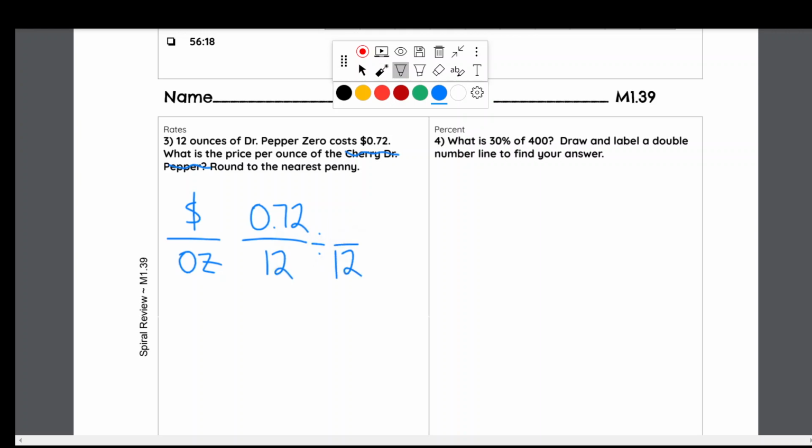Divide by 12, divide by 12. And at this point in the classroom, because we use calculators on these, I can find 72 hundredths divided by 12. And that means that it's a cost of 6 cents per ounce.